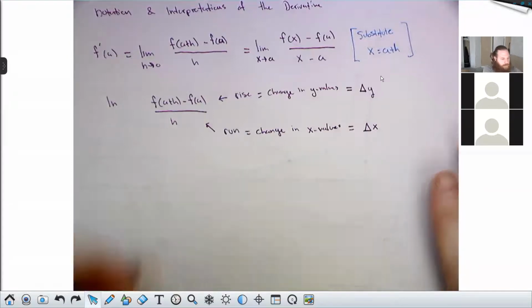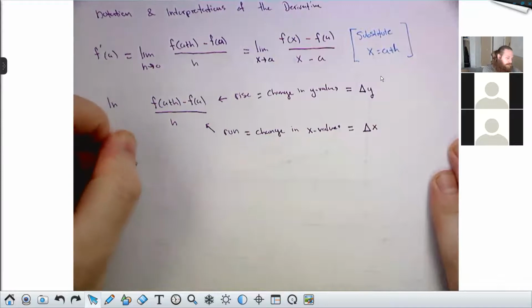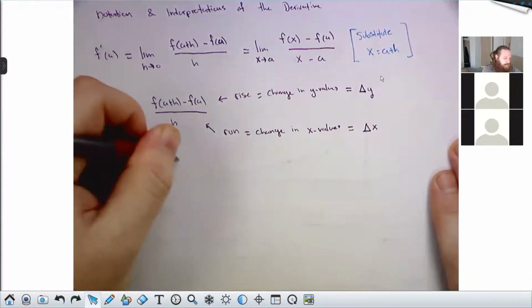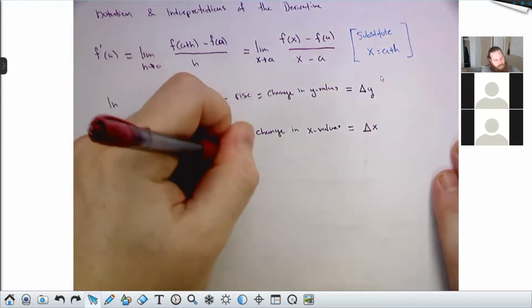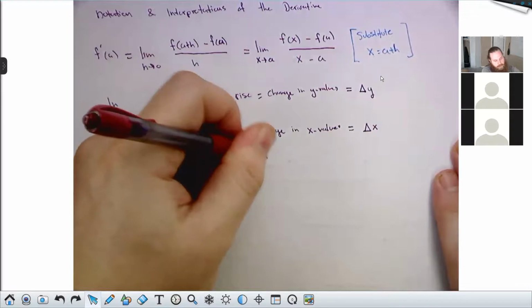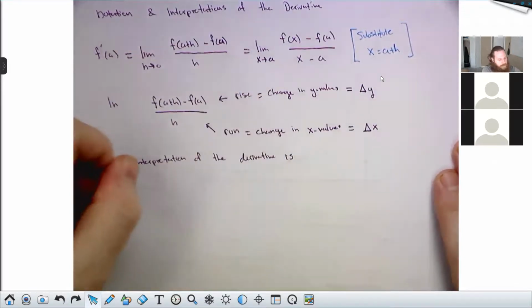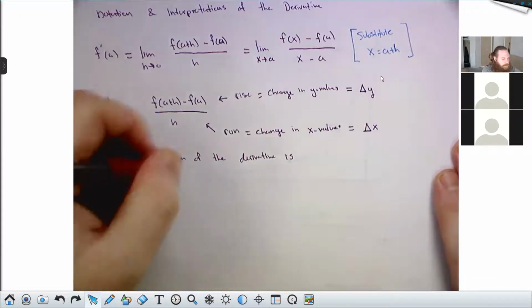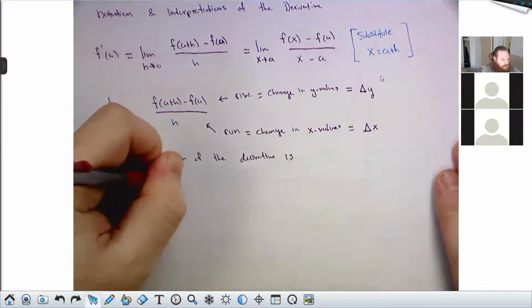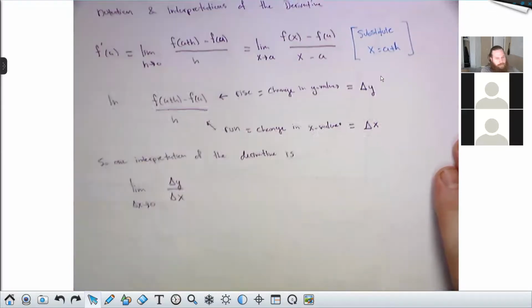So one interpretation of the definition of the derivative is the limit as delta x goes to 0 in the expression delta y divided by delta x.